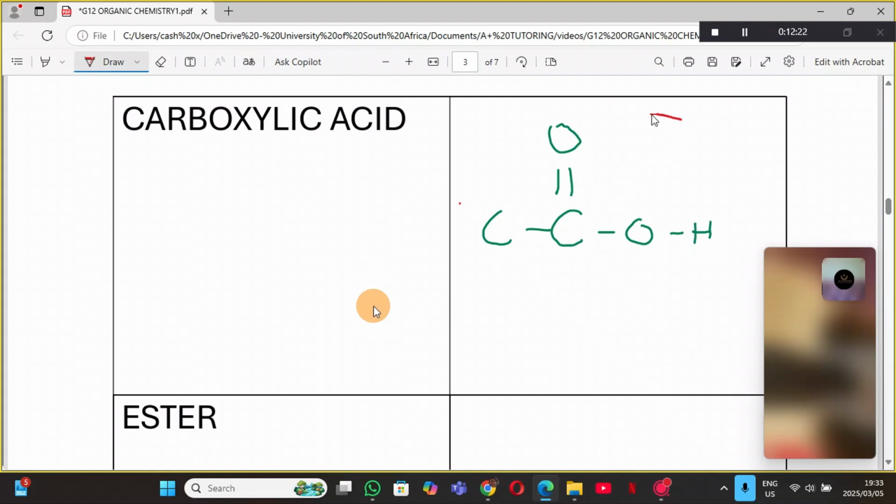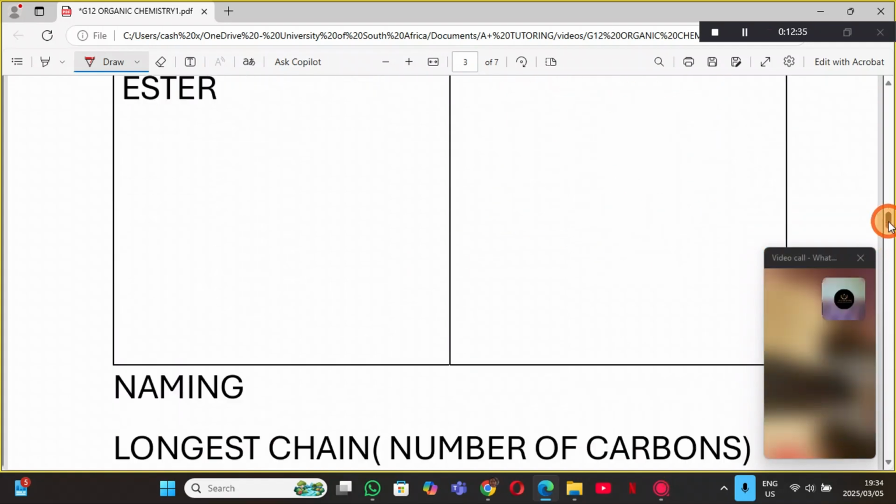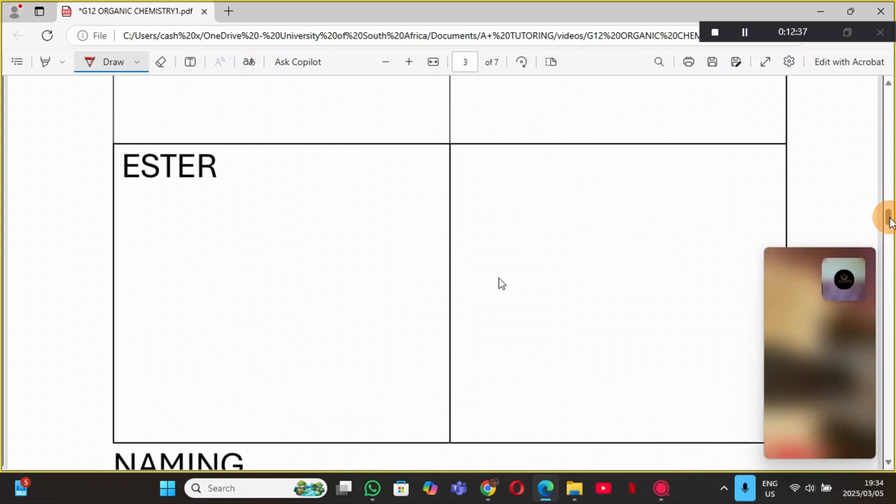So just like an aldehyde, the carboxylic acid is always at the end. While an ester, on the other hand, will be in the middle, where you have a C, your double O, right? And then you have another O, you have a C, and it continues. So you see it's now in the middle.